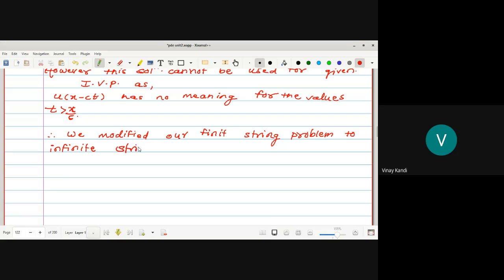So we modified our finite string problem to an infinite string problem by extending the data as follows.